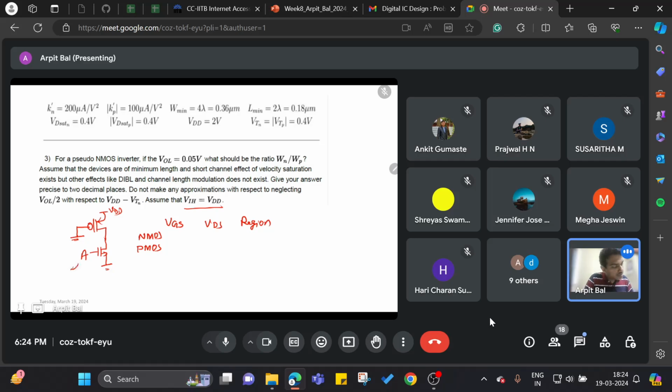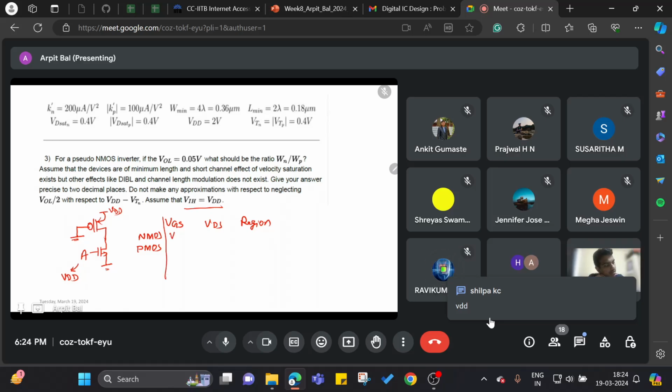It is given as VDD. What is VDS? Vout. So Vout is VOL in this condition, so that is VOL.